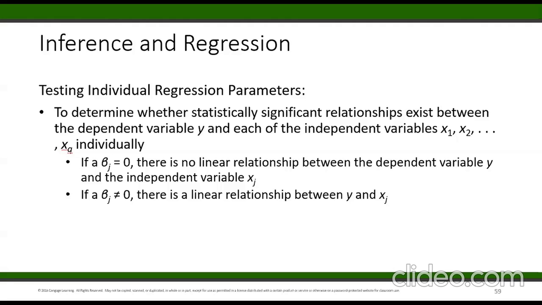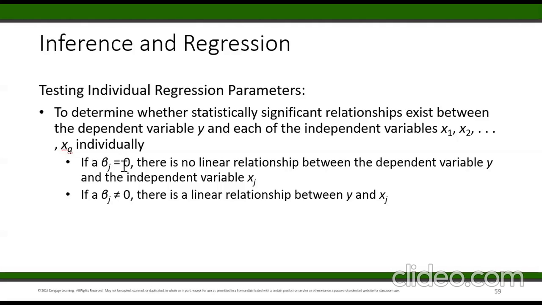So we can have three types of results when it comes to statistical inference in regression. The first thing is hypothesis testing with respect to each individual regression parameter, each individual coefficient. Similar to any hypothesis testing, we have a null and alternative hypothesis.